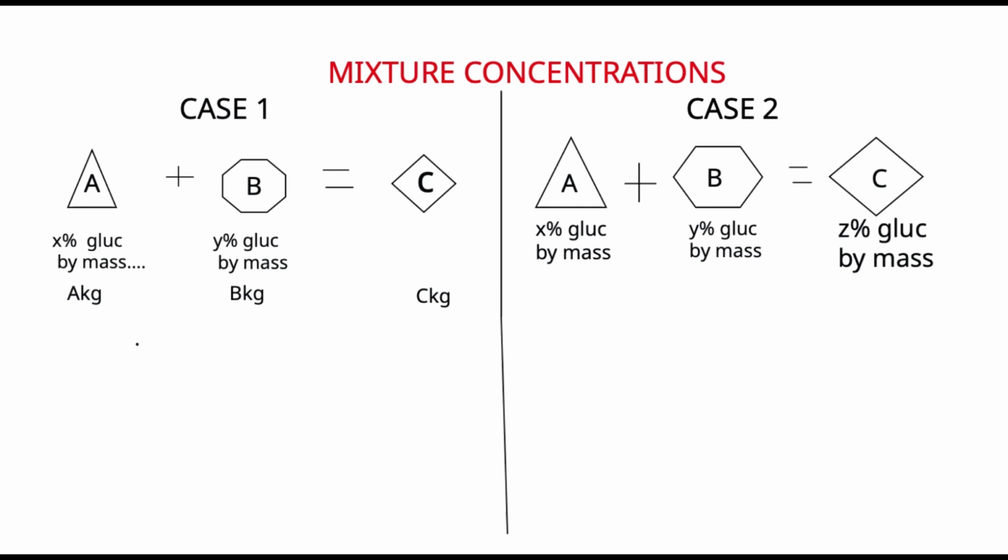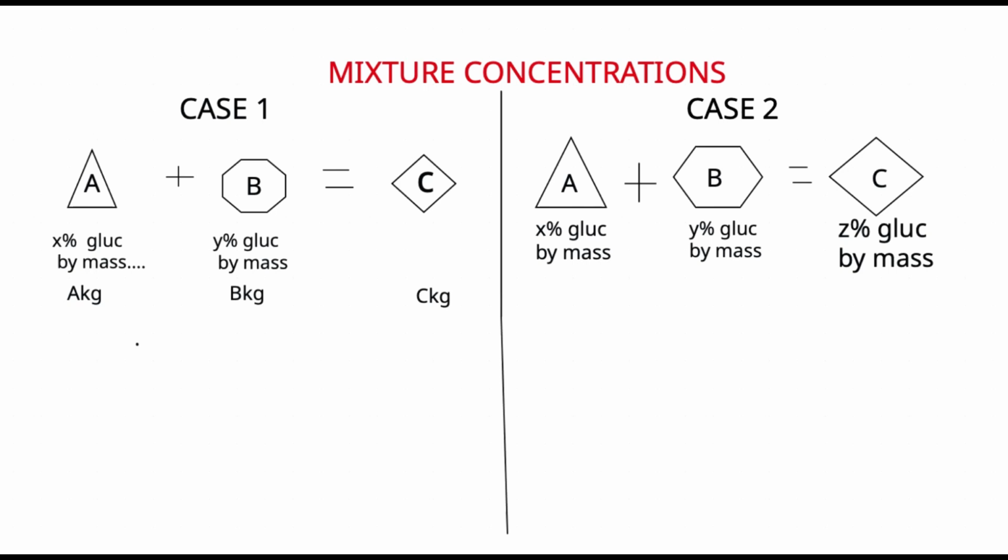Now you have two main cases of questions involving mixture concentrations in mathematics. The first case is that you are given two samples or two solutions, and these two solutions are mixed. When they are mixed, you have a resultant solution.